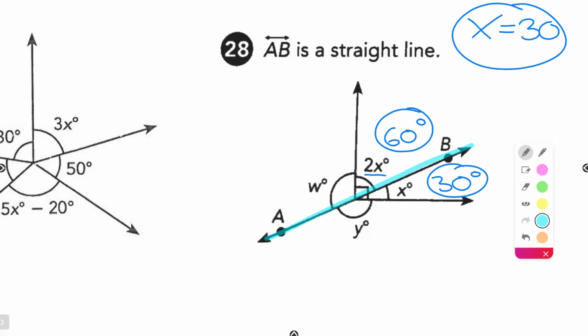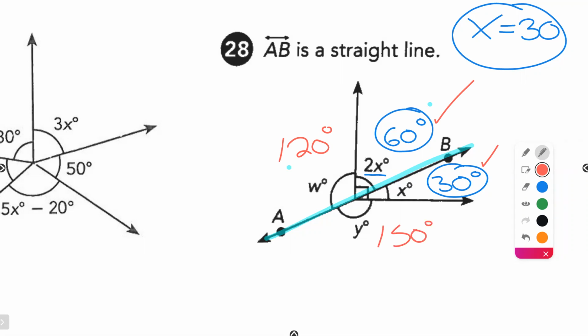And everything below the line also has to add up to make 180. So if I know that, then I know this piece right here and this piece right here have to add up to be 180 degrees. So if this guy is 60, this guy has to be 120 degrees. And when I look on the bottom here, if this guy is 30, then this guy has to be 150 degrees.